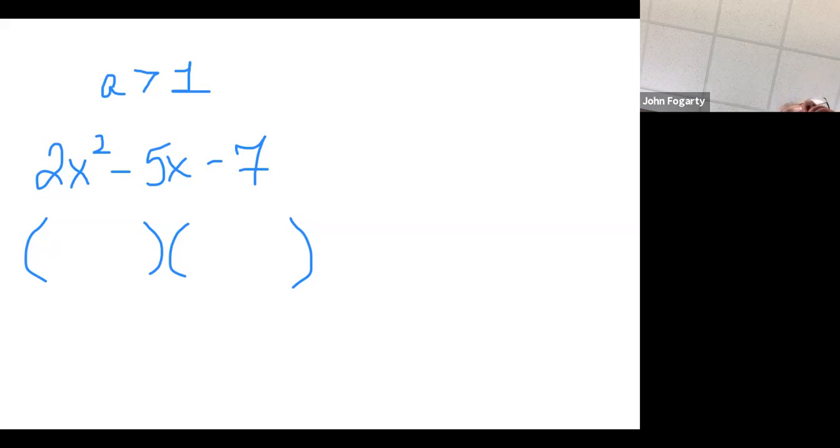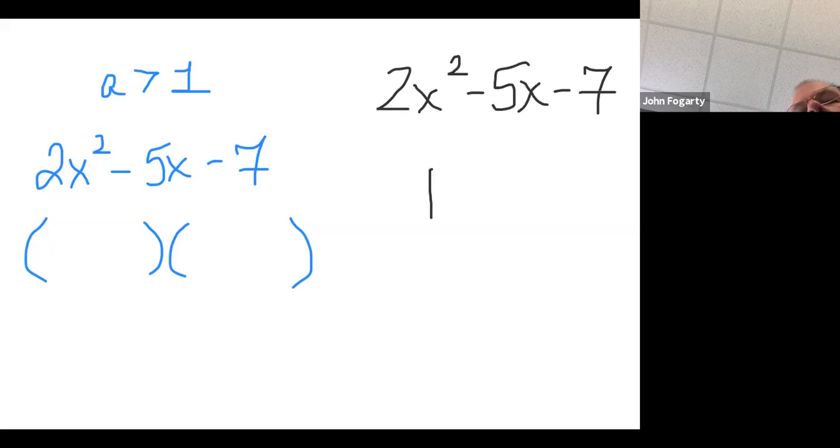I'm going to show you a little trick that Brother Thomas taught us in 7th grade. Ready? You don't have to use this if you don't want. When you have a quadratic trinomial that has a coefficient of the quadratic term bigger than 1, draw yourself a little box.